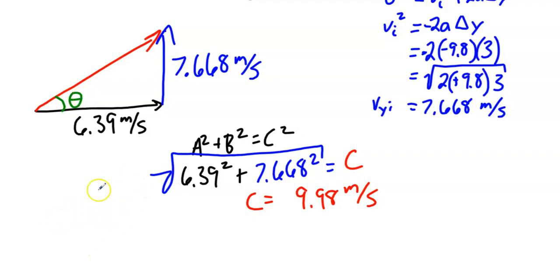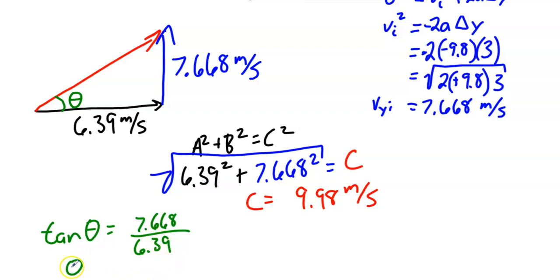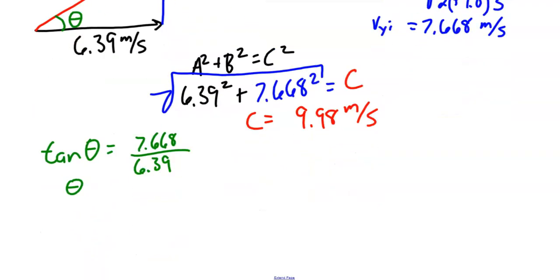So the trig function of interest I would pick out here would be tangent, because we know opposite and we know adjacent. So tan of theta equals 7.668 divided by 6.39. And then if we do inverse tangent of both sides, we will get our final solution here.